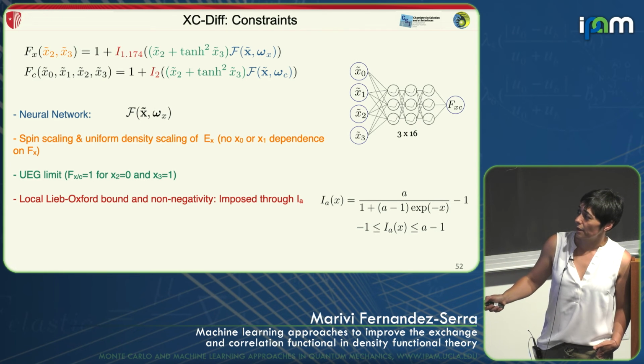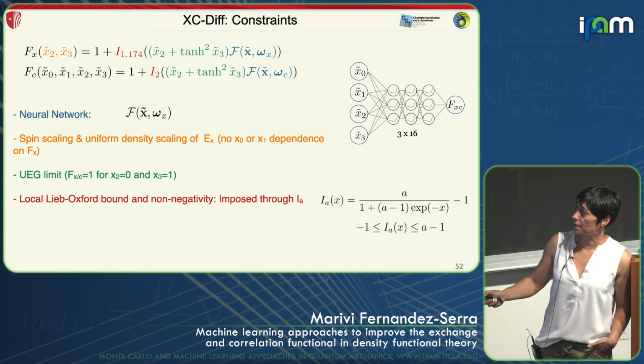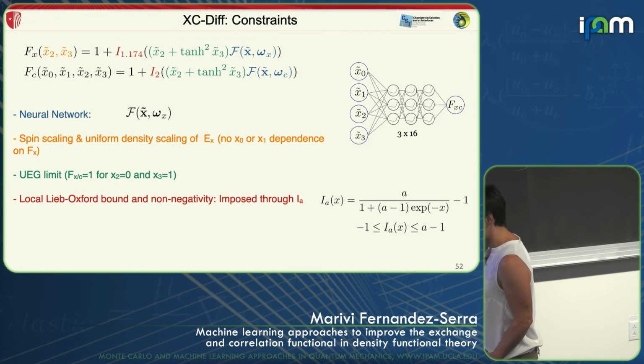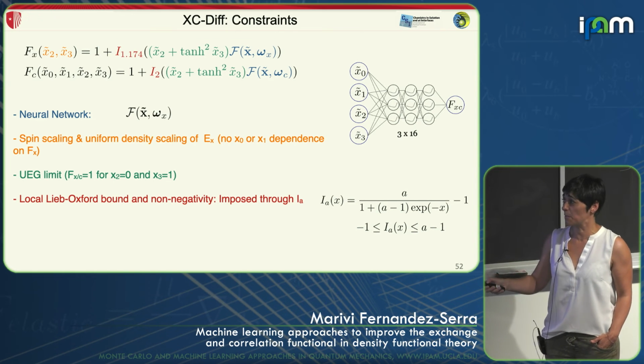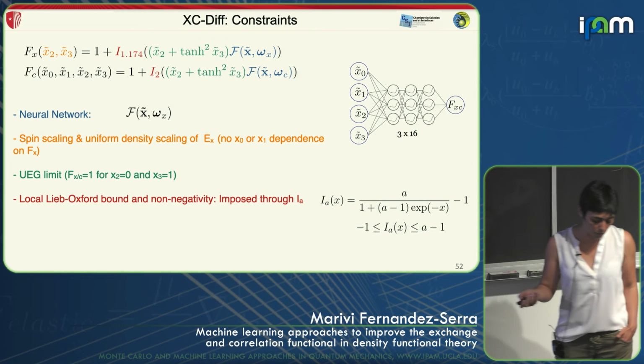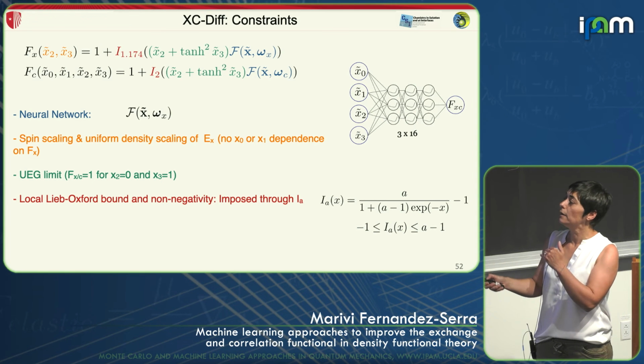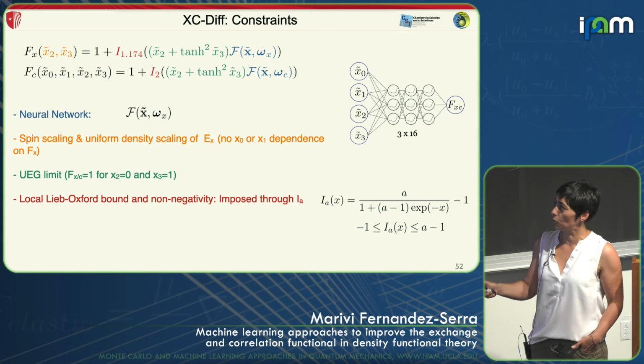The spin scaling and uniform density scaling of the exchange is shown here, and the way we do it is to make it dependent on X2, which is the reduced density gradient, and X3, which is the tau, everything that depends on the kinetic energy density. So in a way, in exchange, I'm going back to where I was before. I'm making my exchange depend only on the reduced density gradient for alpha equal to 1, and for alpha different from 1, that's my meta-GGA part.